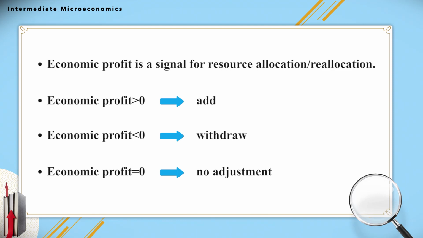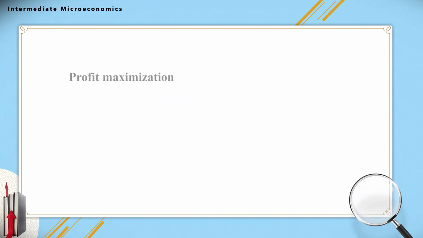We know that the producer's profit is equal to total revenue minus total cost. We use P, W, and R to represent the price of output, the price of labor, and the price of capital.